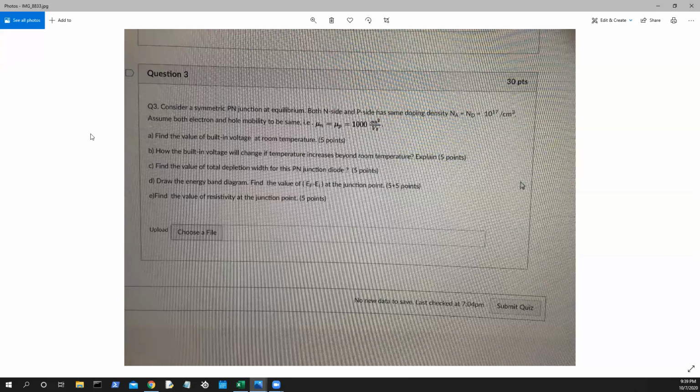So if your minority are holes, then you're supposed to use the law of mass action to find them. So if minority's holes, then that means your electrons are going to be equal to the donor, the ND, which is going to be given probably. Yes. And then you use law of mass action to find the holes if it's at equilibrium.